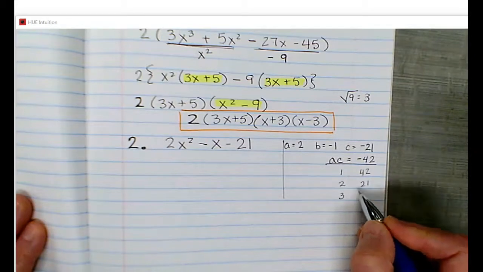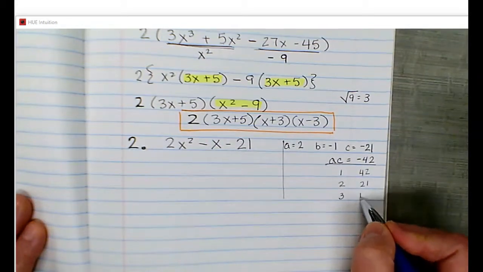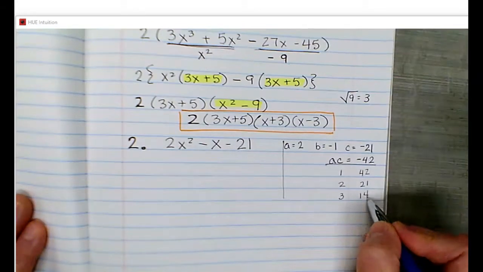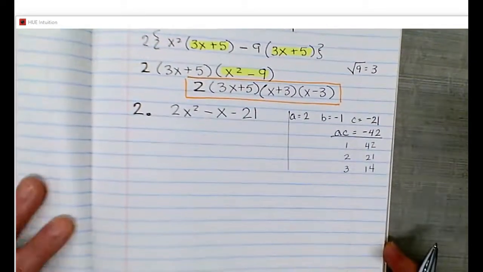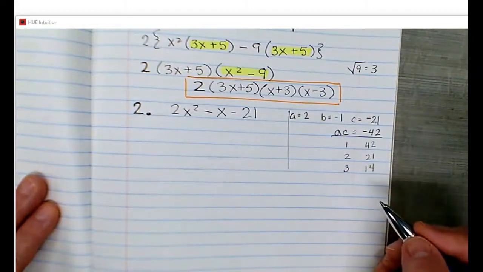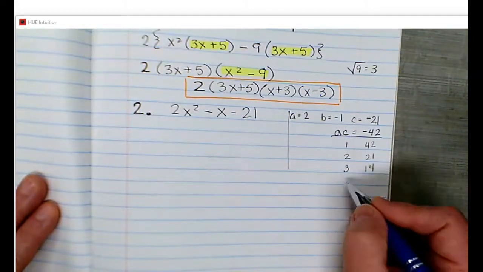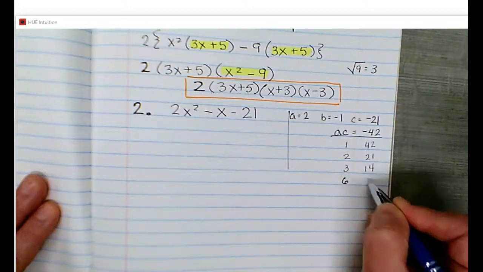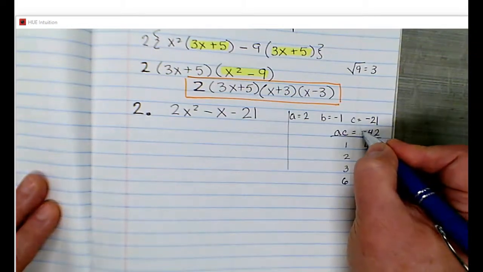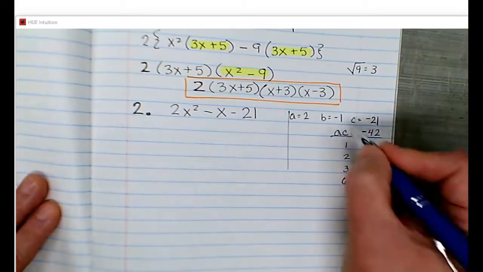3 times 14. 4 won't go into it. 5 won't go into it. 6 will go into it. Now, let me start here.